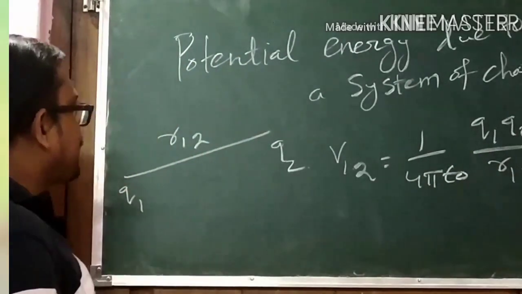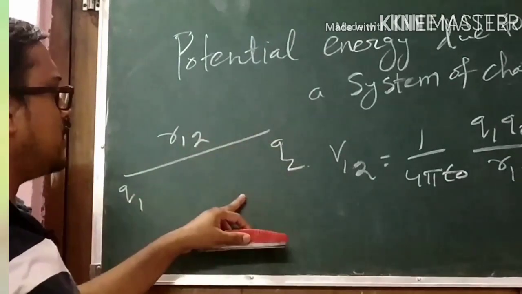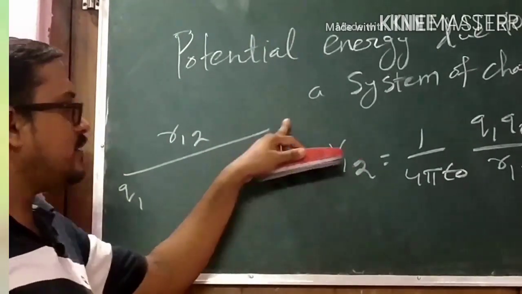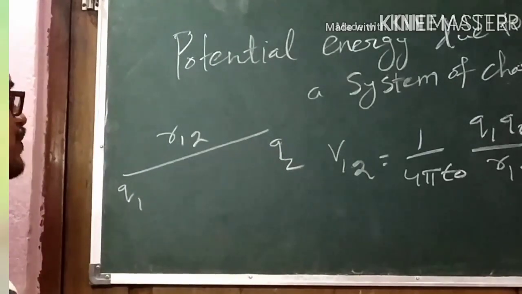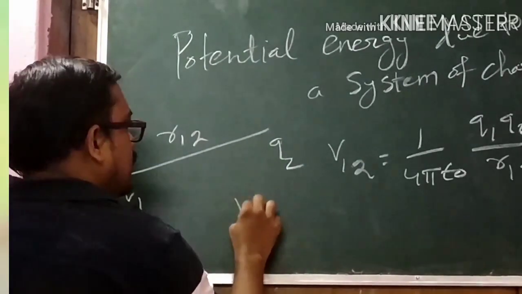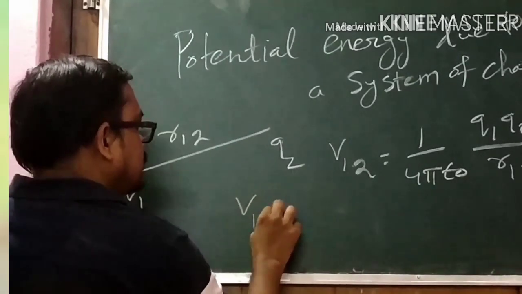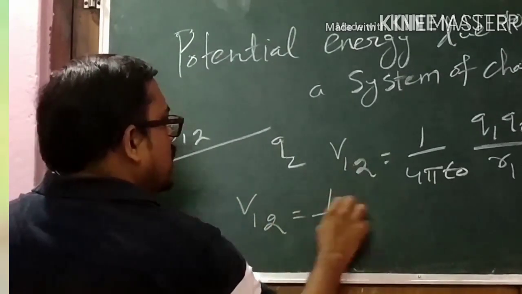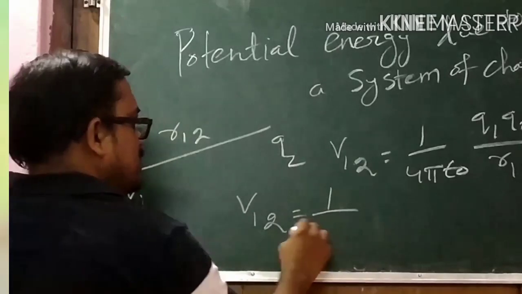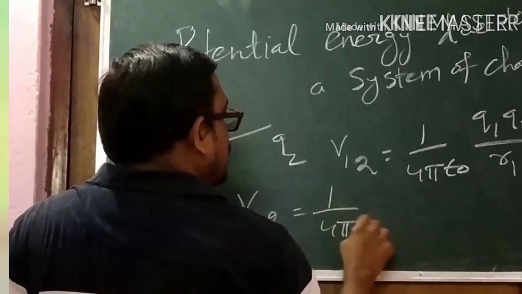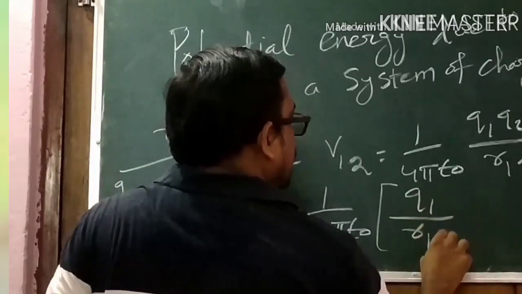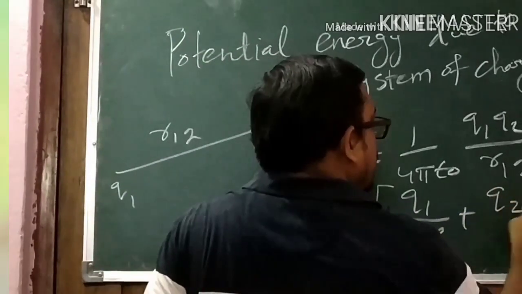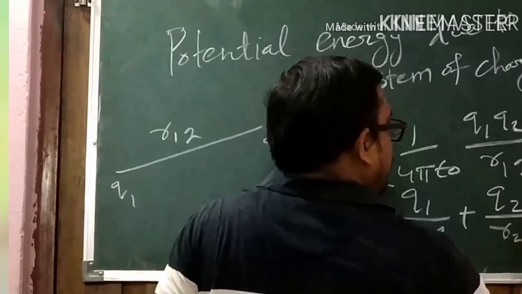Now the net potential we can calculate by using the superposition principle, which will be 1 by 4 pi epsilon 0 times Q1 by R1 plus Q2 by R2.